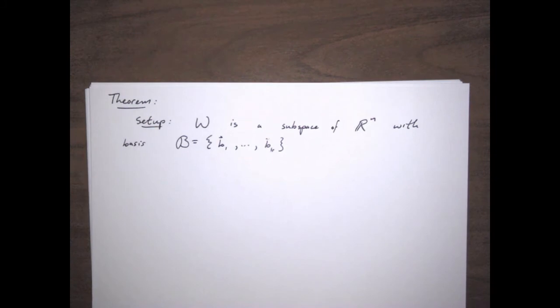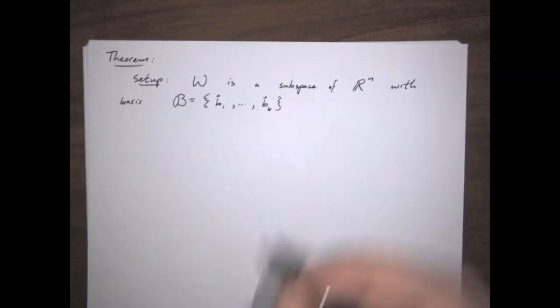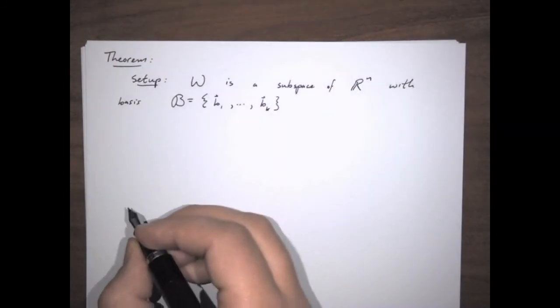So in other words, W has dimension k. It's a k-dimensional subspace of Rn.